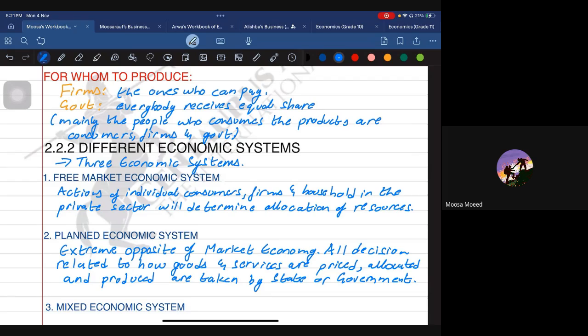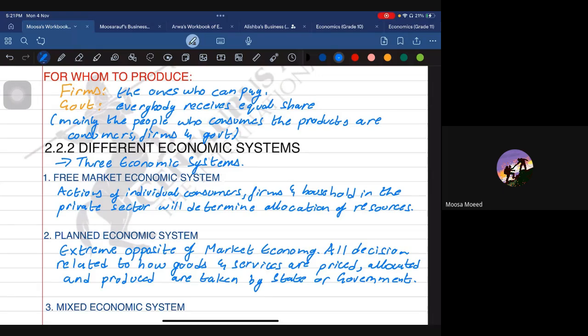Government is going to set the prices for the goods. Government is going to allocate the resources, which products are needed to be produced. And government is basically doing everything here. So there is very little chance for a private sector to set up their business and do the business, right? So this is planned economic system.